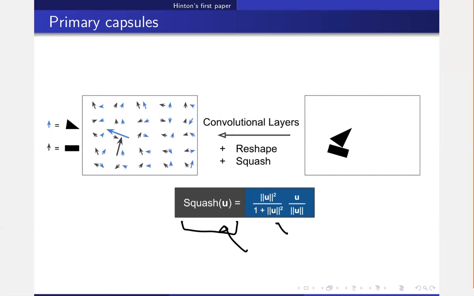But we don't want to just normalize that, because the magnitude itself contains some information. If the magnitude is big, it says that it's more likely there's an excitation there. But we don't want the value to shoot to the moon either.